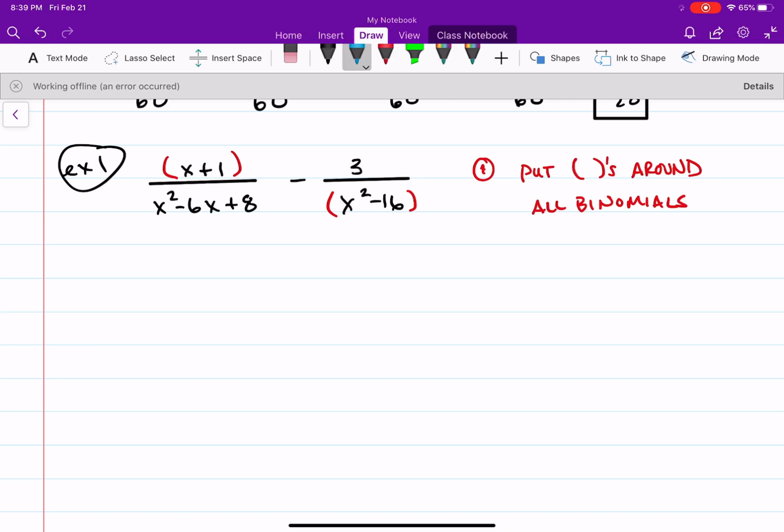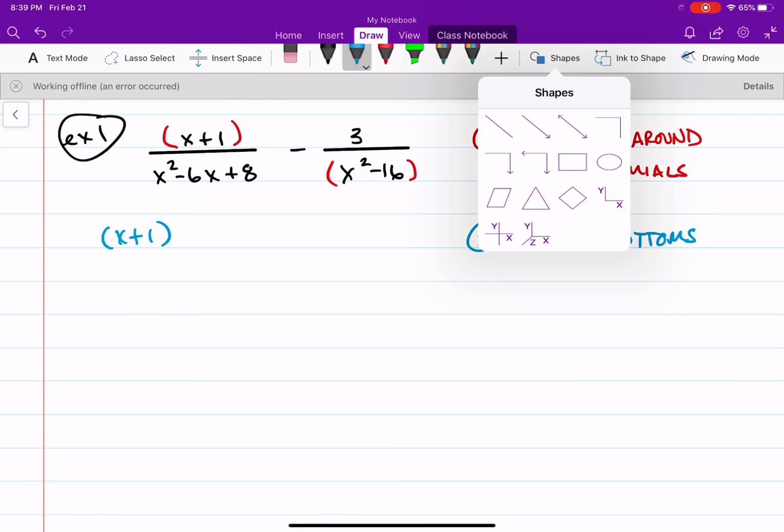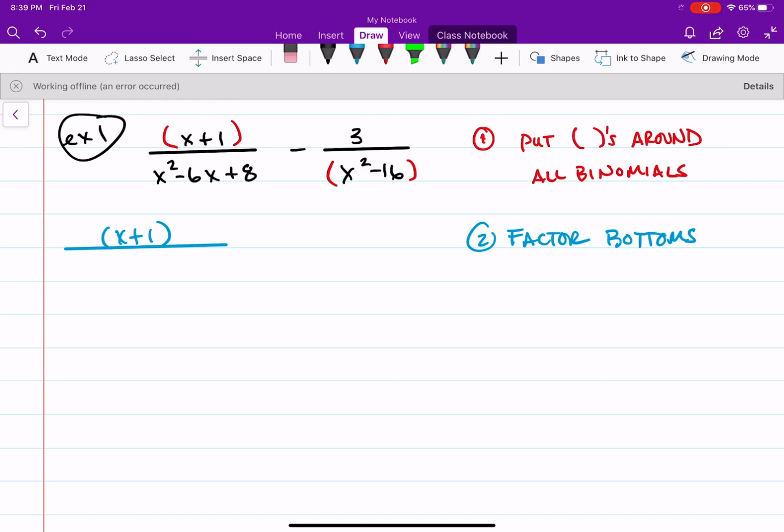What's step 2? Well, step 2 is for me to factor the bottoms. Okay, so let's go and do that. So on top I have an x plus 1. Awesome. And the bottom is a trinomial, so I would use the AC method.